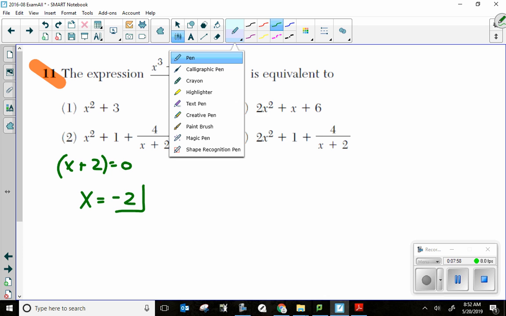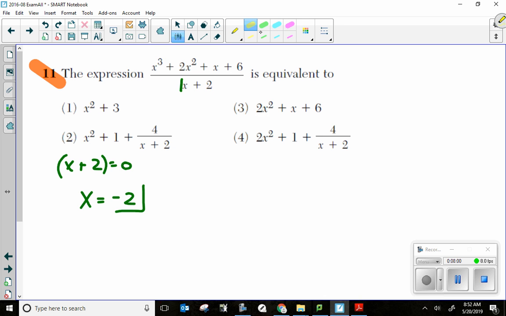Now, when it comes to synthetic division, just a quick reminder, I just want the numbers. I don't want the x's. This is 1x cubed. That's a 2, positive 1, positive 6. So let's not forget that's a 1. I'm going to bring my 1 down. A 2. That's another 1. And that's a 6.